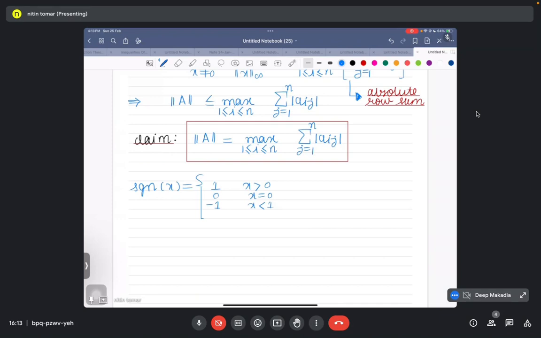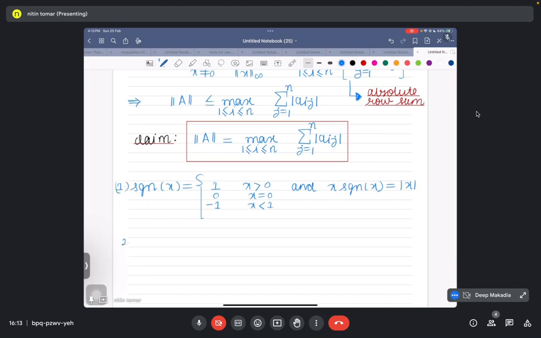Then can anyone tell me what will be x sign x? Is that a familiar function? Yes, so this is a familiar function, right? So this is one thing.